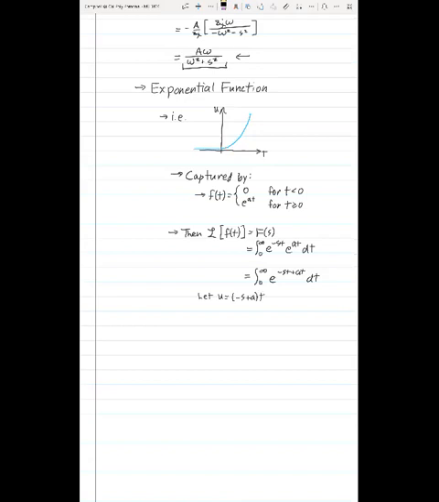So here I just factored out the t, if everybody's okay with that. And then my du is going to be equal to clearly negative s plus a times dt, and then just solving for dt to substitute back in, I get that this is equal to 1 over a minus s times du.